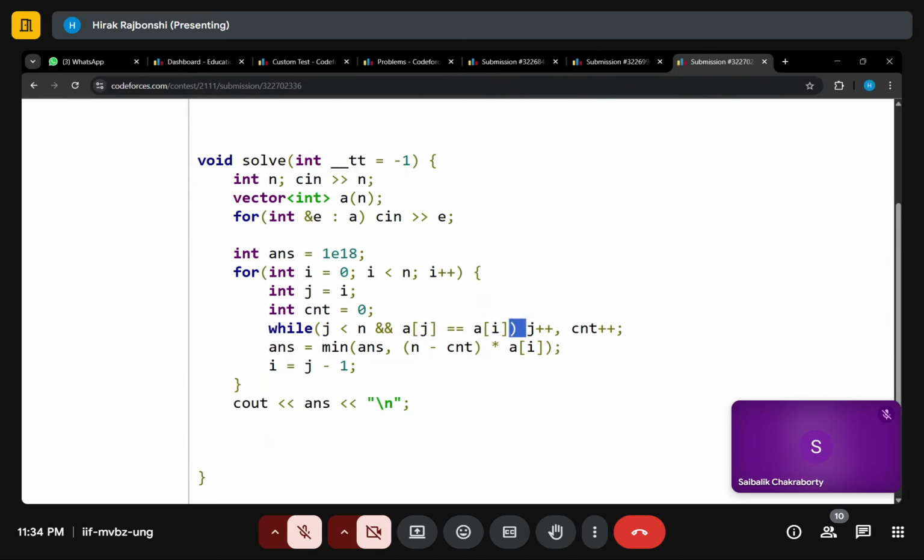When the while loop breaks, count will be the number of elements which are continuous and equal to ai. Then the answer will be n minus count into the value of ai. This is the important part. If you don't do this part, then it will get a time limit exceeded error, since you would go through all the elements again.